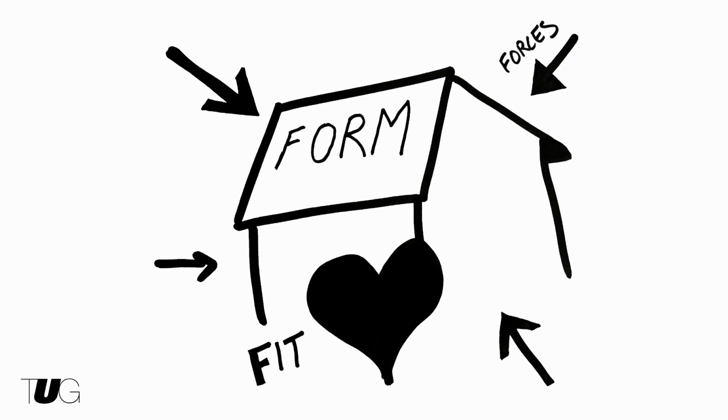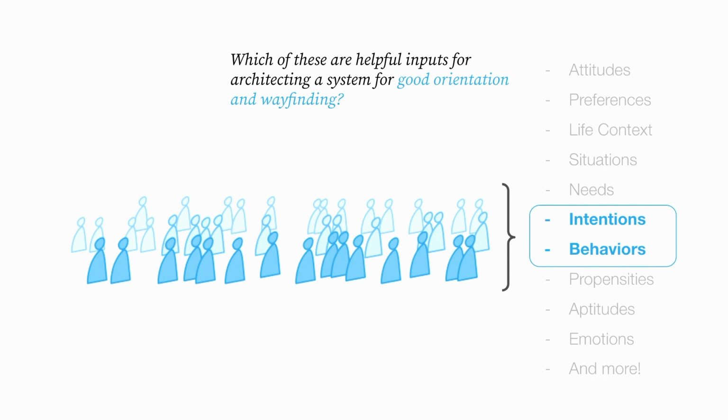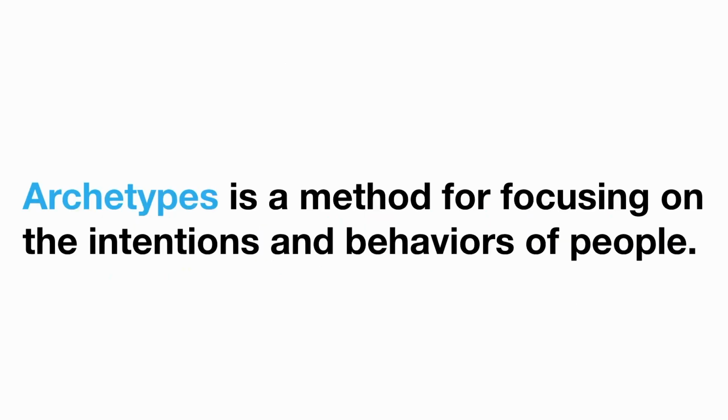It doesn't change the people so that it can be the way it wants to be. And so by focusing on a method called Archetypes, we can look more closely at the intentions and the behaviors of people so that we can use that as an input to how we structure the places that we create.